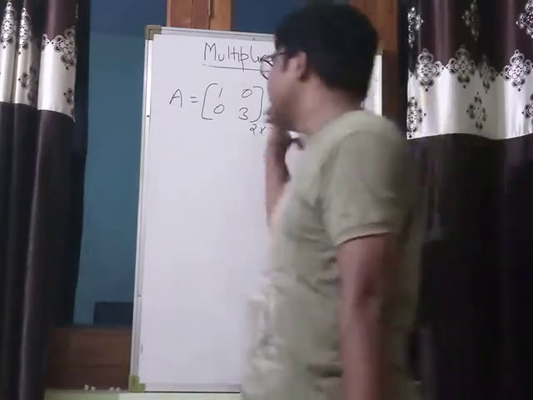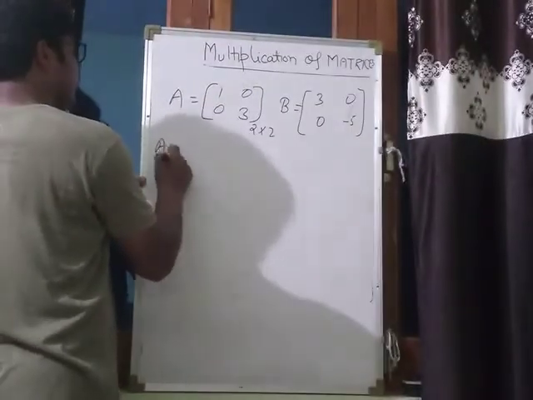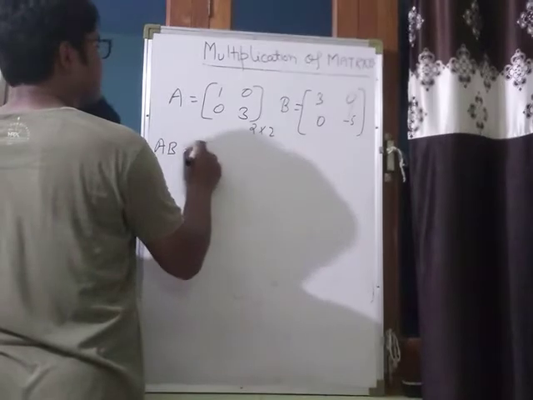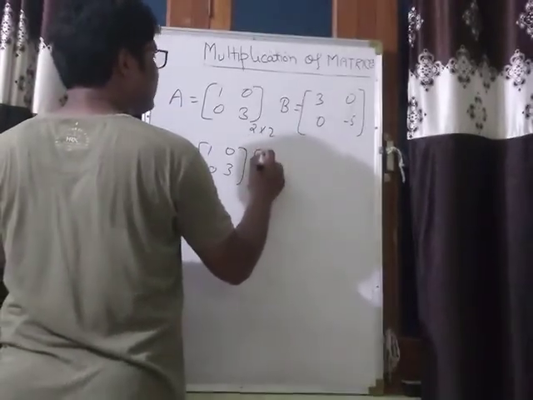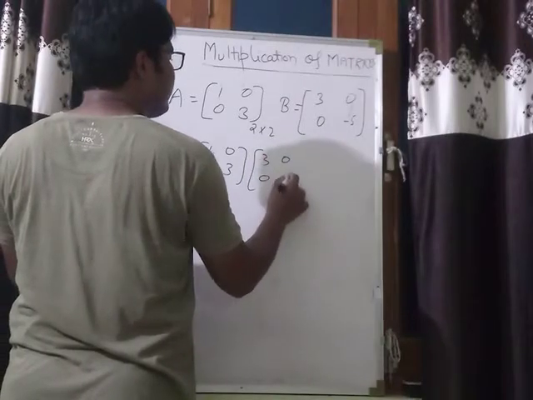Okay. Now find out AB here. So what will be AB? AB, that is 1 0 0 3, and B, that is 3 0 0 minus 5.